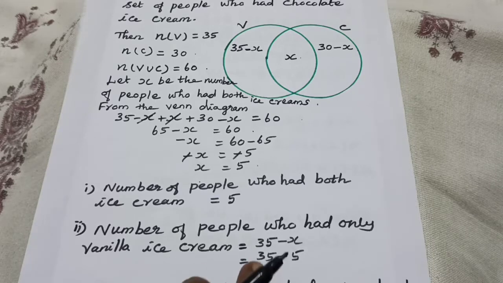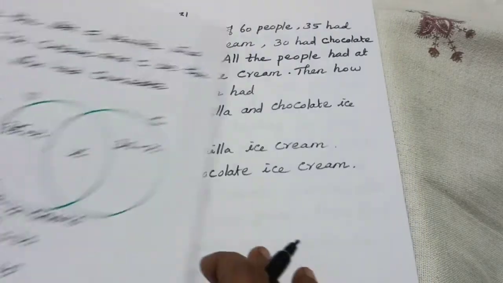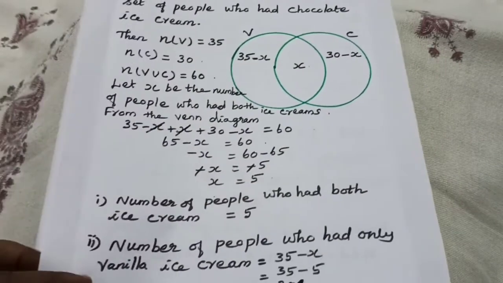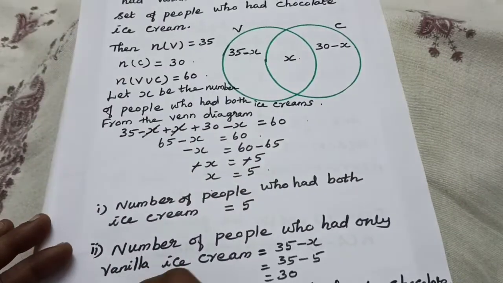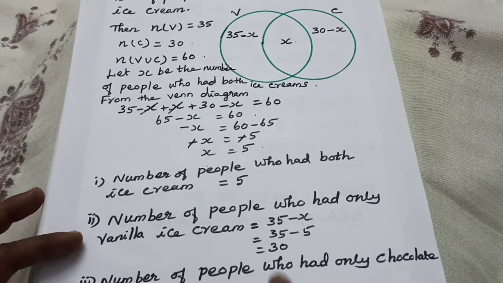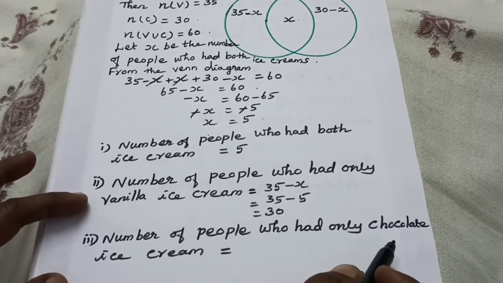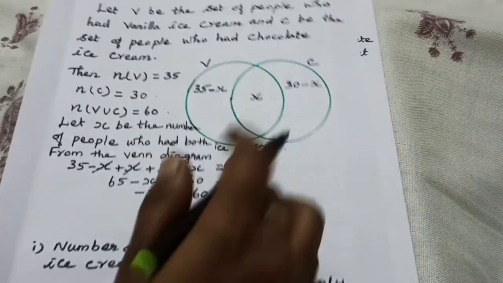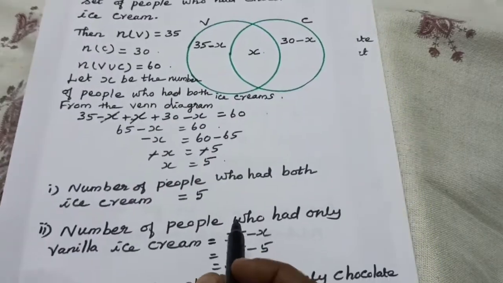The number of people who had only vanilla ice cream is 30. Okay. The third question is only chocolate ice cream. The number of people who had only chocolate ice cream means here 30 minus 5, isn't it?